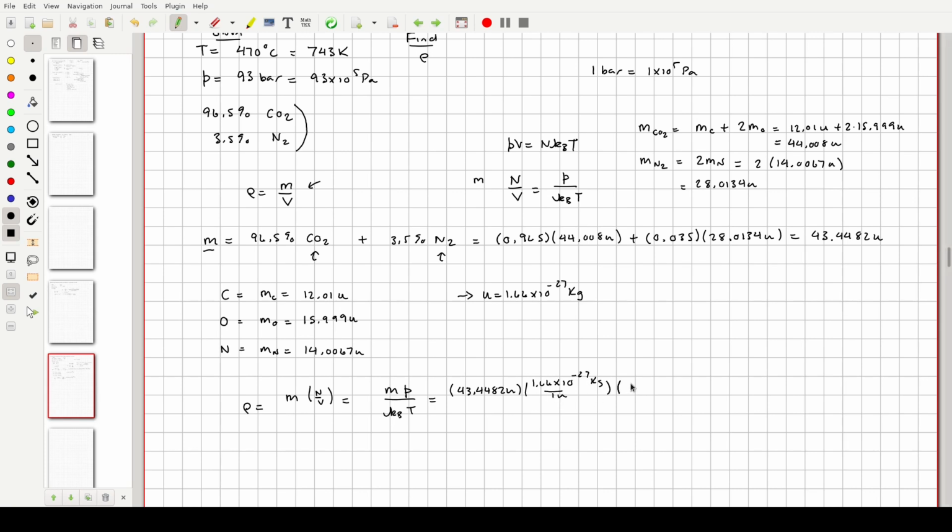The pressure is 93 bar, or 93 times 10 to the 5th pascals. Boltzmann's constant is 1.38 times 10 to the minus 23rd joules per Kelvin, and our temperature is 743 Kelvin.